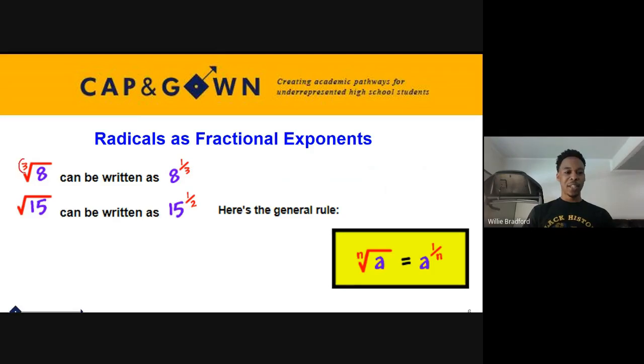Notice that this index is in the denominator. This index is 2, and it happens to be in the denominator again. So the square root of 15 can be rewritten as 15 to the 1/2 power. So here's the rule. Whatever the index is, that's going to be your denominator. We're going to need that.